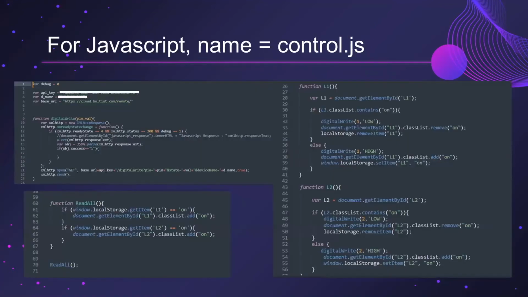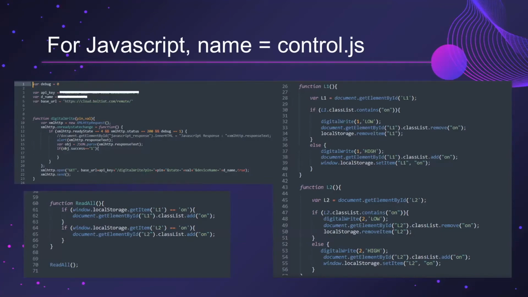But what is happening in control.js? There is a lot in there, right? For the first part, I will talk about the right hand side where you see L1 and L2, where function L1 is called. What happens? I have defined an L1 where it is an element ID, and if it contains the class on, then it will turn off.